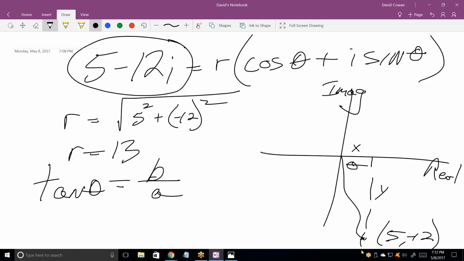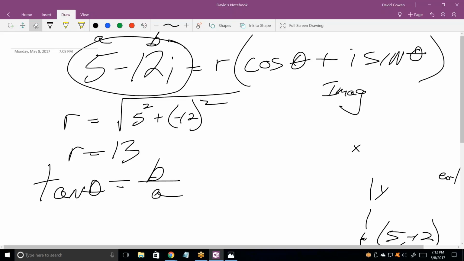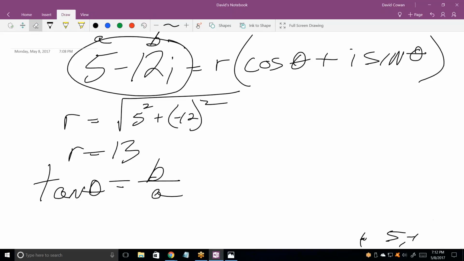It's b over a, not y over x. In other words, this is b, and that's a. And if it was x and y, you would take the inverse tangent of y over x. But it's b and a now.